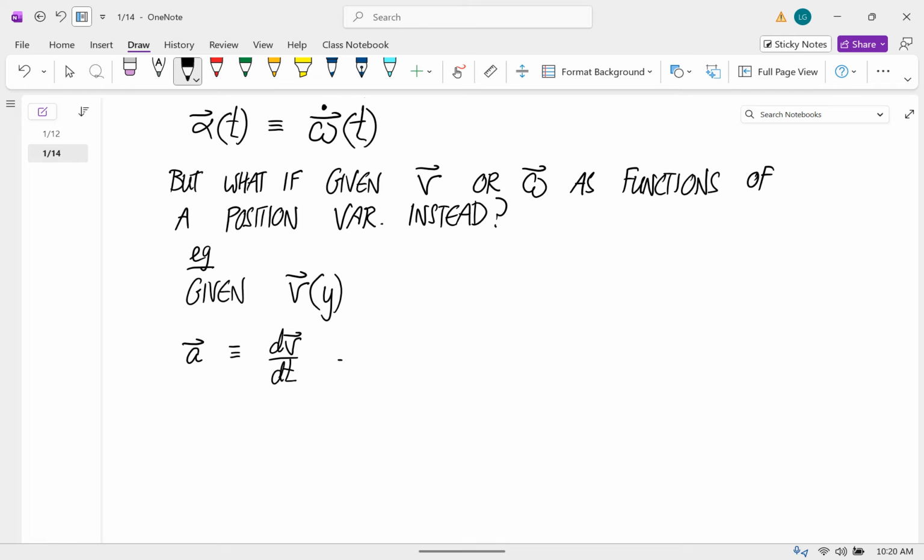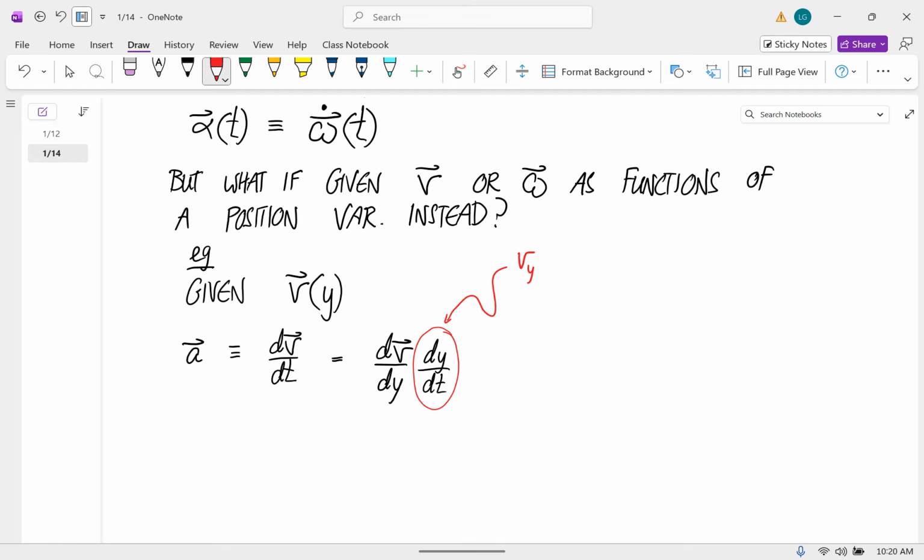But now we can use the chain rule here and say that this is equal to dv/dy times dy/dt, and dy/dt is just the y component of the velocity.